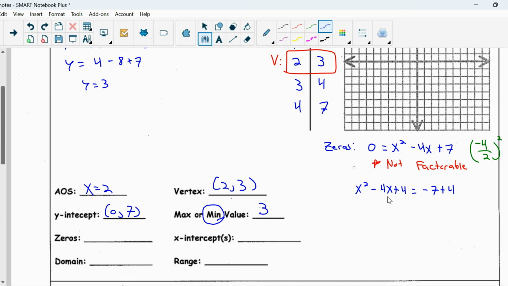Okay, let's go ahead. Right here, we have a perfect square, which gives us x minus 2 squared equals negative 3. Let's go ahead and try to solve for x. So we can take the square root of both sides.